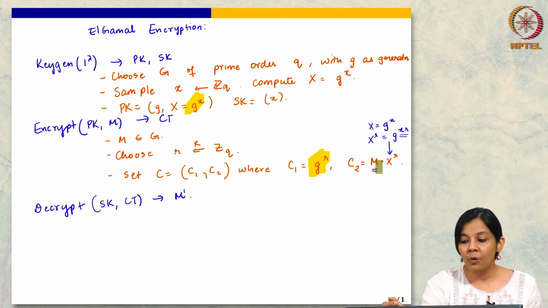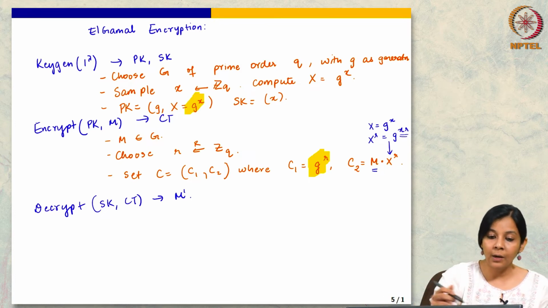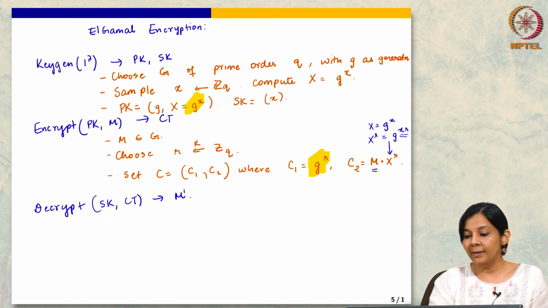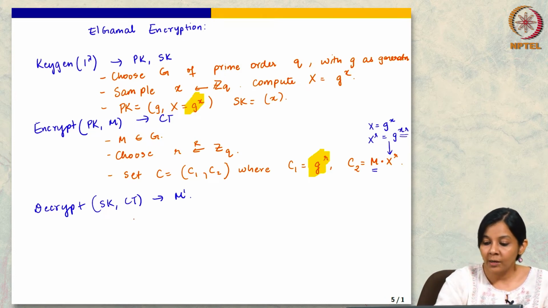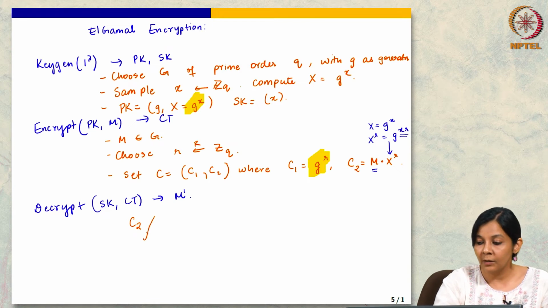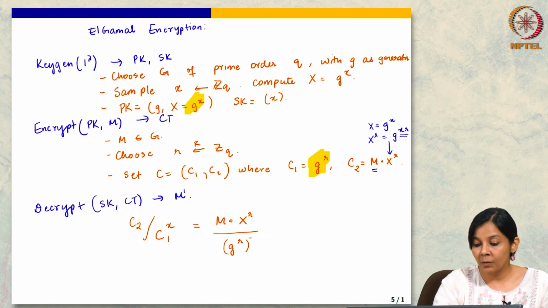Okay, so how will I decrypt now? So decryption is quite easy, right? So I have g to the x. So what should I do? So if I just compute C2 divided by C1 to the x, what will I get? So this is M times X to the r divided by g to the r, the whole to the x.